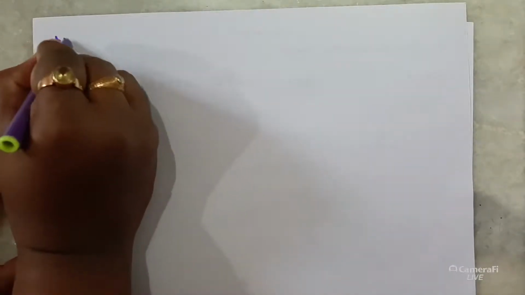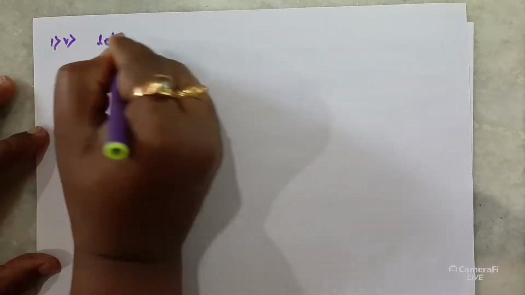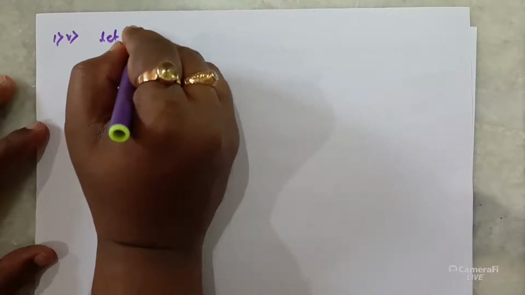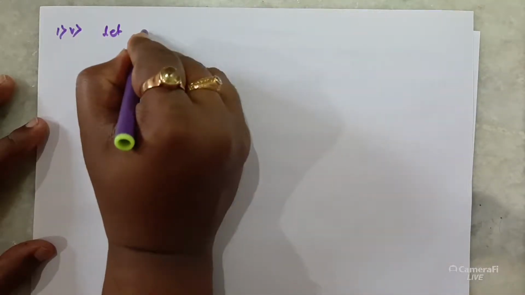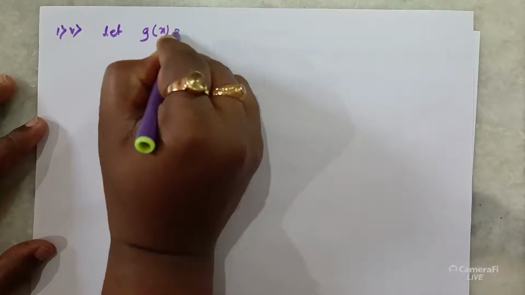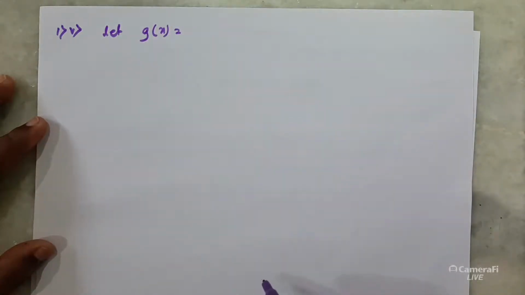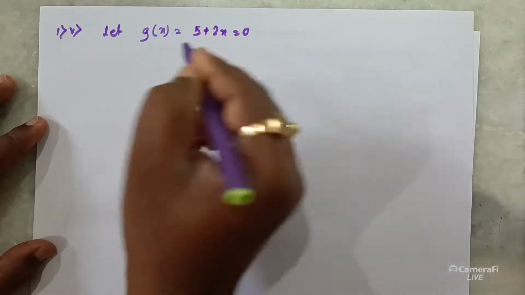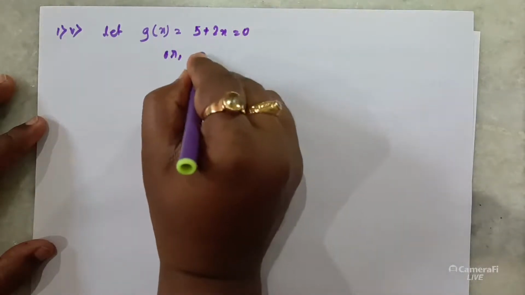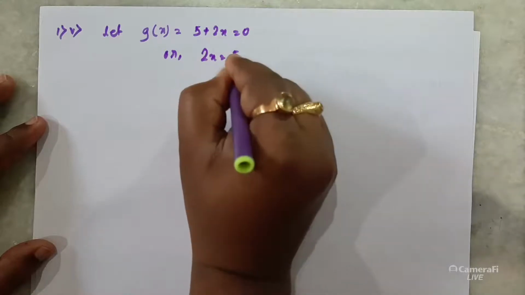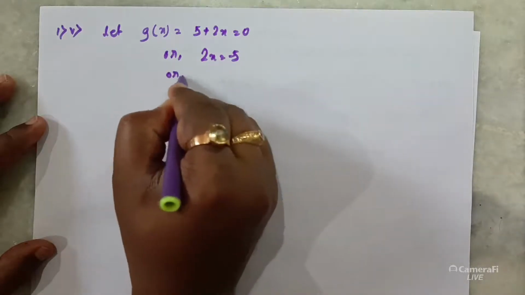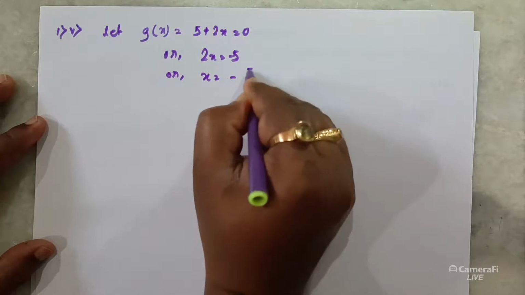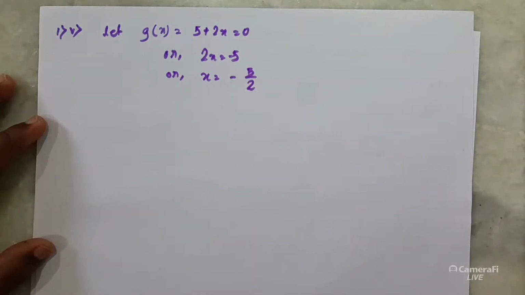So let g of x equals 5 plus 2x equals 0, or 2x equals minus 5, or x is equal to minus 5 by 2.